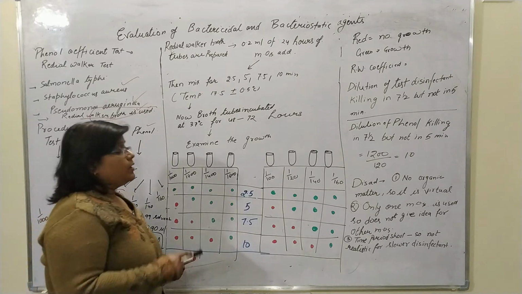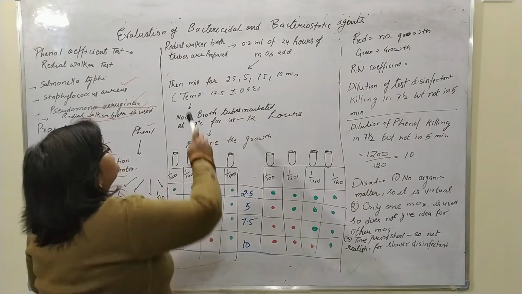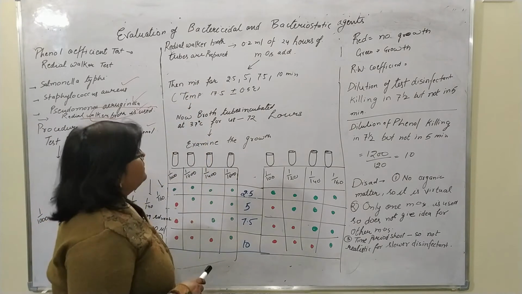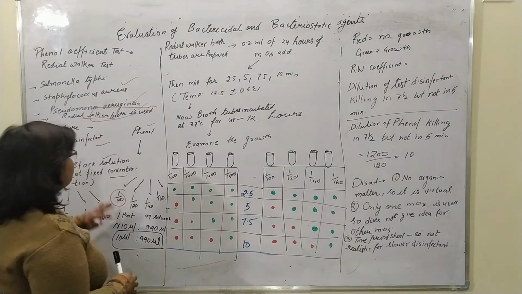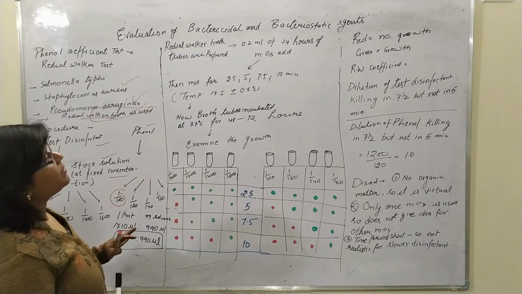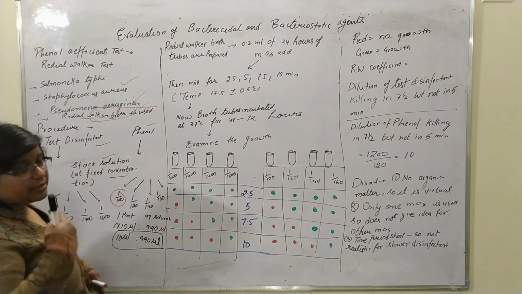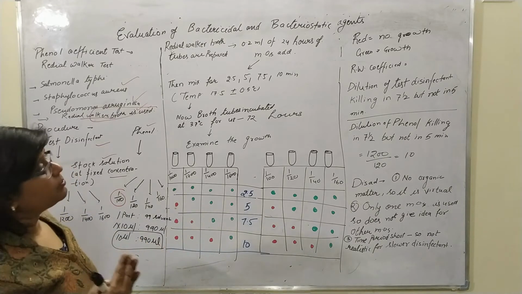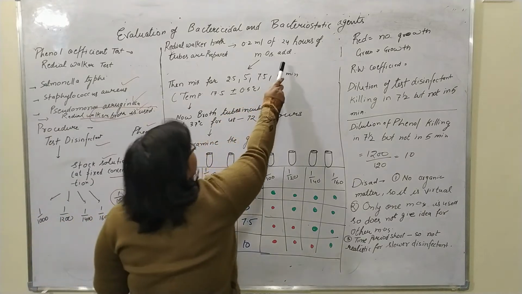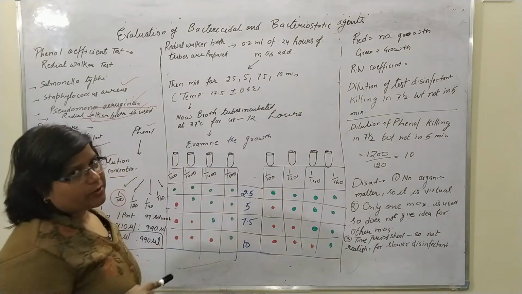Now the Rideal-Walker broth tubes are prepared, and in that Rideal-Walker broth we add 0.2 ml of a 24-hour culture of the microorganism.